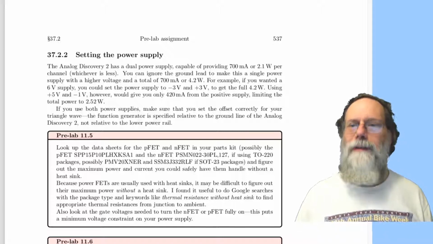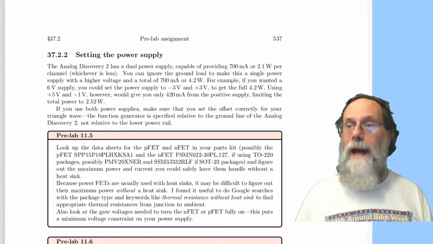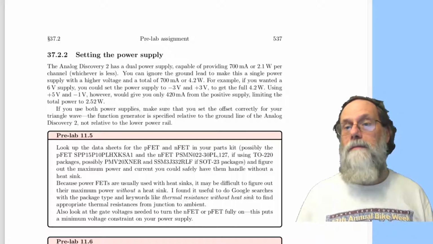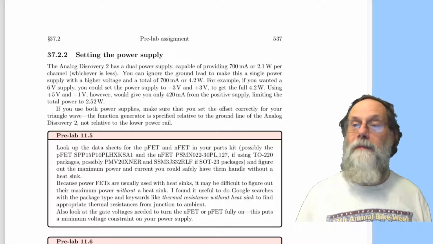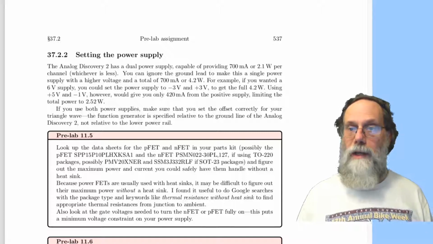Make sure you've got the right parts both on your schematic and in all the calculations you do. You can now figure out how much power you can safely have them dissipate, how much current they could safely handle without a heat sink, based on how hot they can be allowed to get.